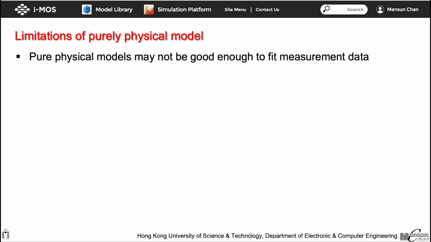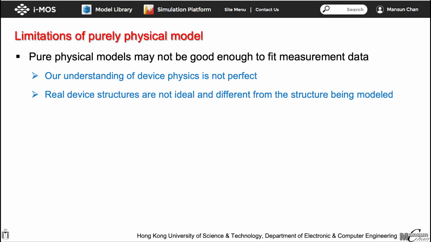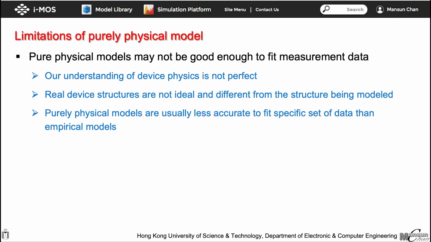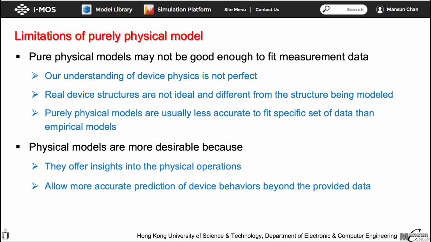However, matching measurement data is not easy, as our understanding of device operation may not be perfect, and physical devices often exhibit many non-idealities. Generally speaking, physical models are less accurate when applied to a specific device's data. However, they offer greater insight into the physical operation of the device and allow for predictions of device performance beyond the given data. Researchers typically prefer physical models over empirical models, especially in research publications.